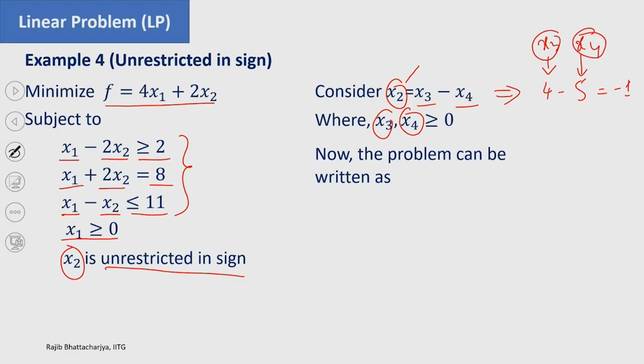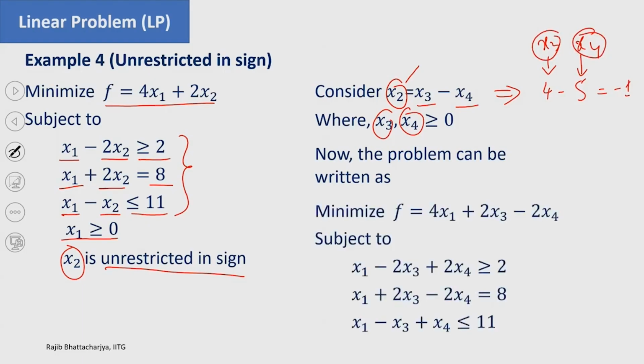Okay. Now, the problem can be written as follows, if I replace x2 = x3 - x4. In that case I can write f = 4x1 + 2x3 - 2x4. Similarly, the constraints can be written: x1 - 2x3 + 2x4 ≥ 2, then x1 + 2x3 - 2x4 = 8, x1 - x3 + x4 ≤ 11.